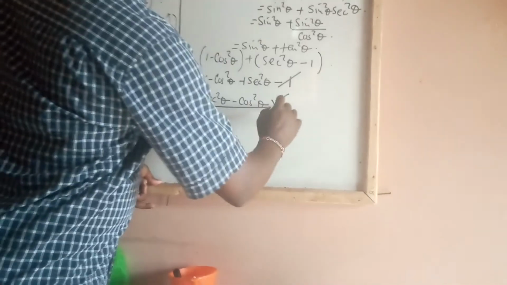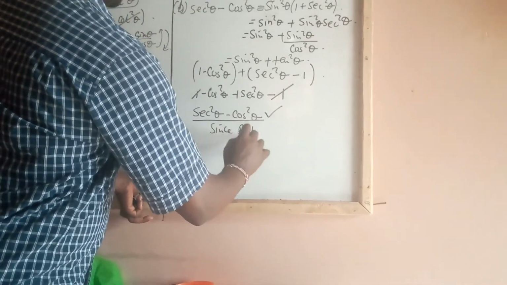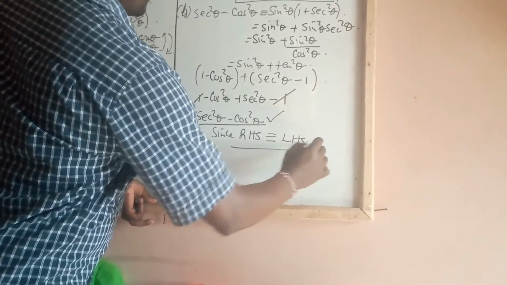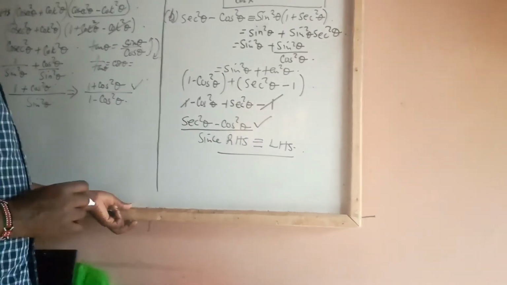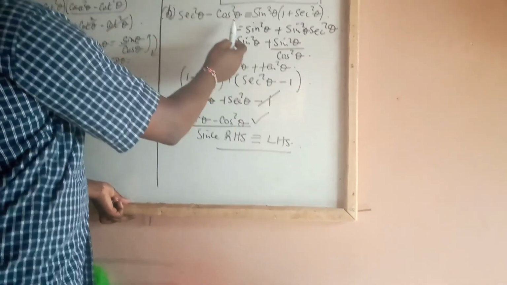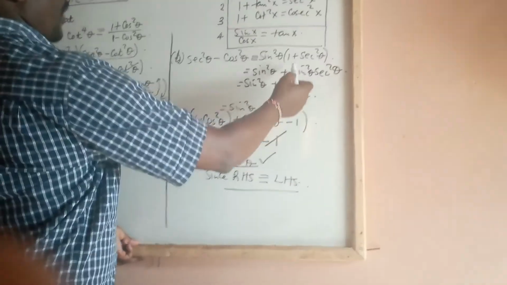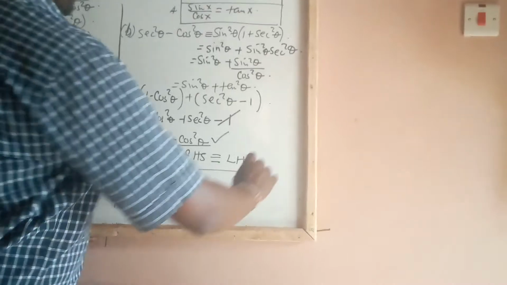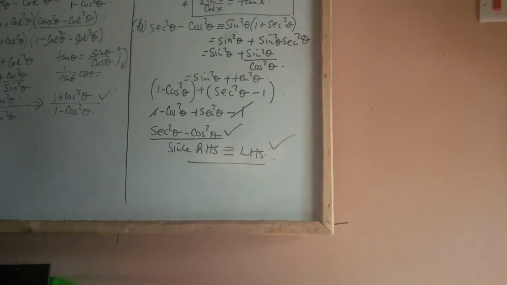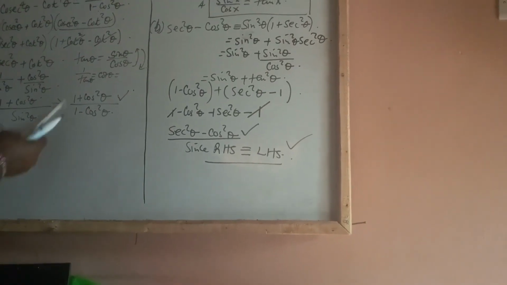Since the right hand side is exactly equal to the left hand side, we have proved that sec squared theta minus cosine squared theta is equal to sine squared theta bracket 1 plus sec squared theta. We just had to show that the left hand side can be written in the same way as the right hand side. All right.